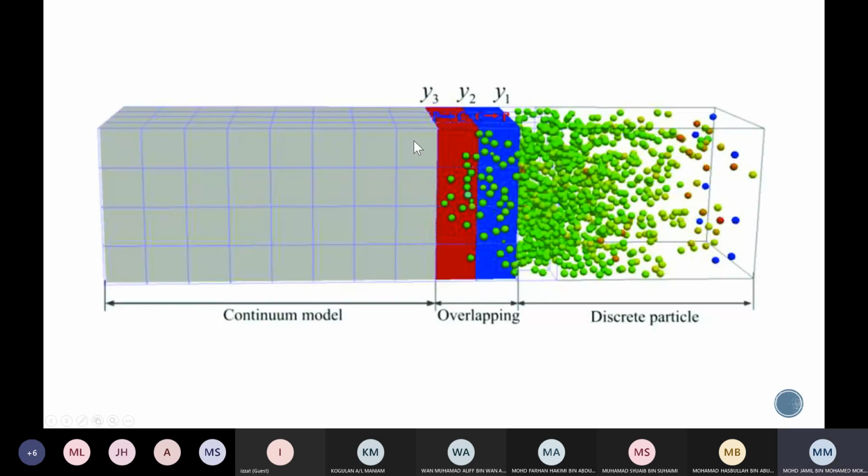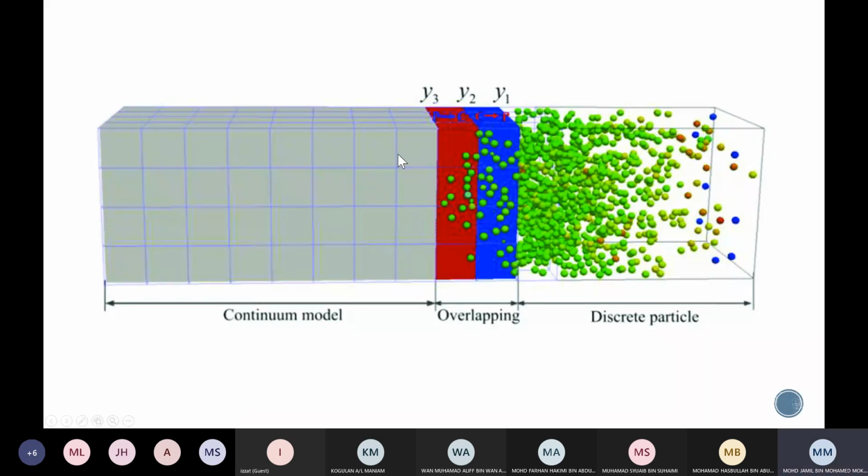So this is an example of the difference between the continuum model and the discrete model. In the continuum model, we can assume that the model is continuous, connected. But for the discrete particle model, we can actually see the particles in the material.